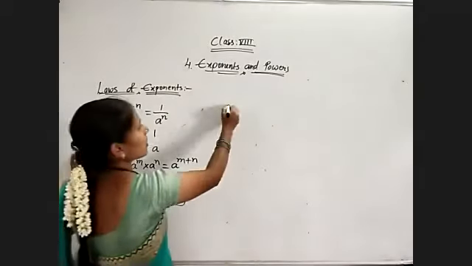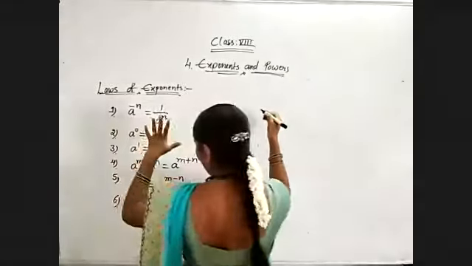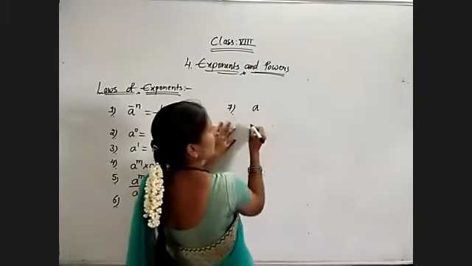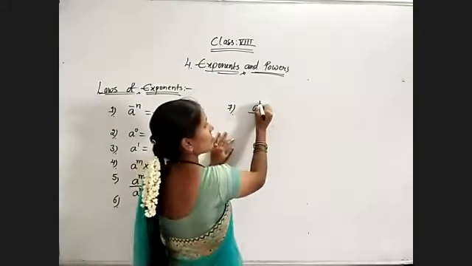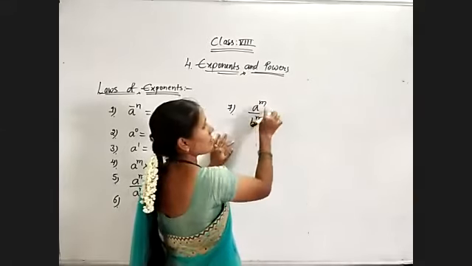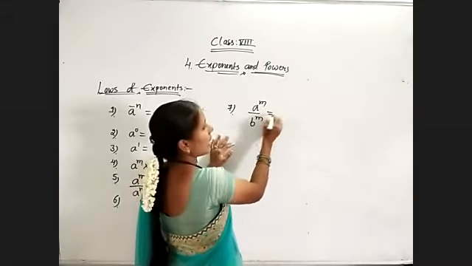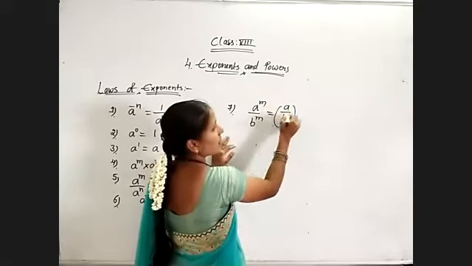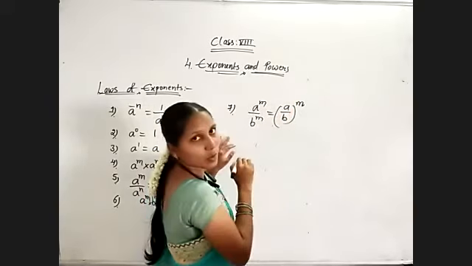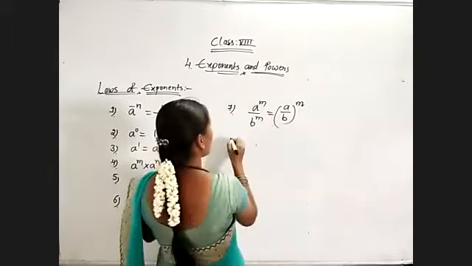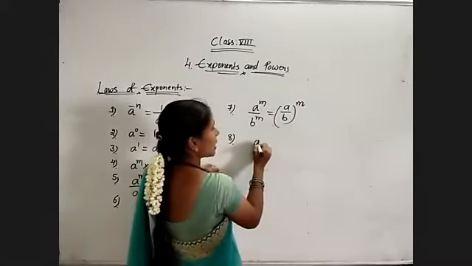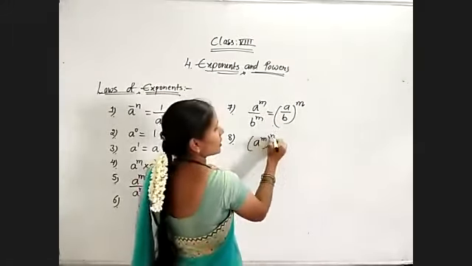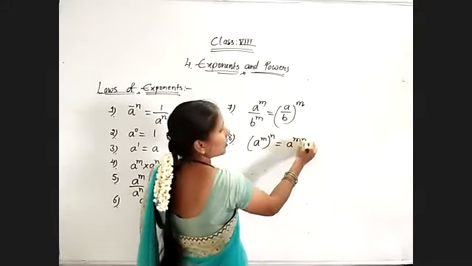And next, the seventh law is when bases are different but exponents are same, and they are divided, then first divide the bases, a by b, and write their exponent in common. Next, the eighth one, exponent to exponent, that is a to the power of m into n.